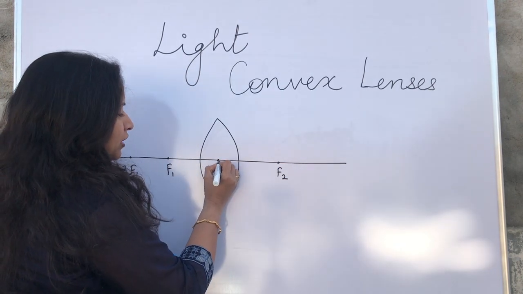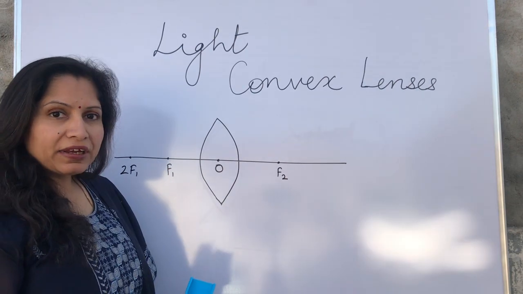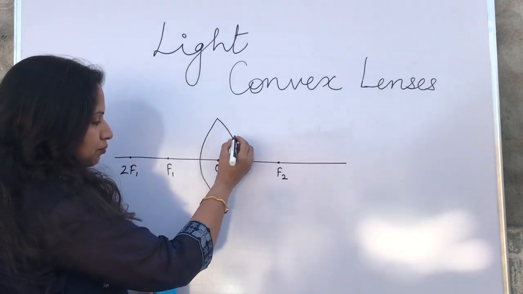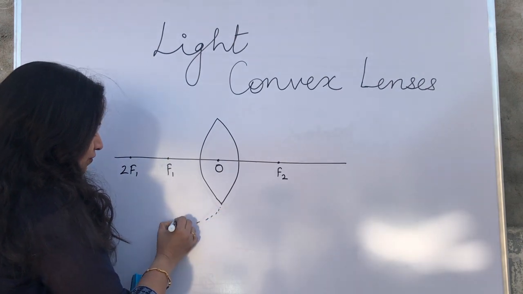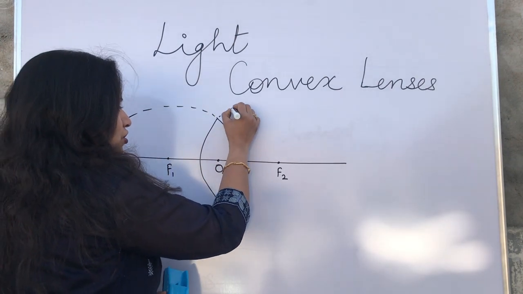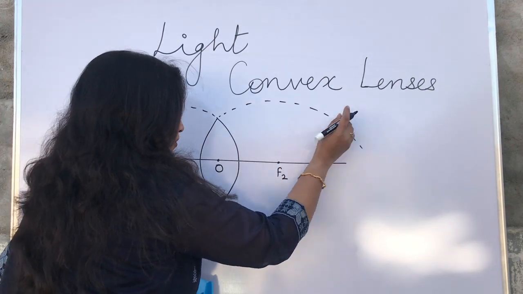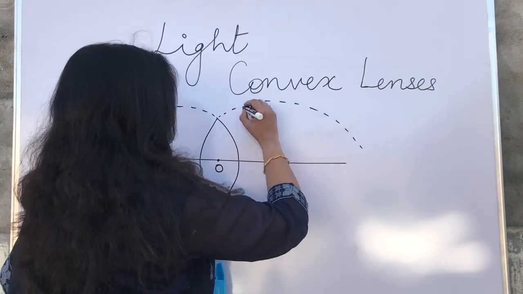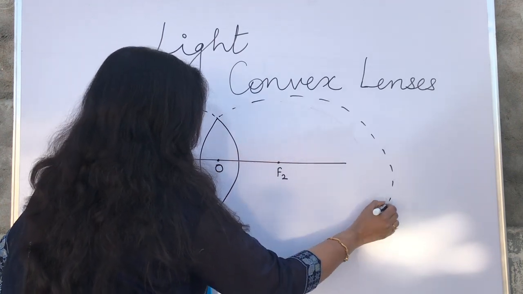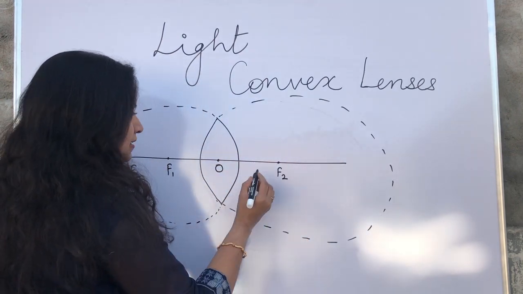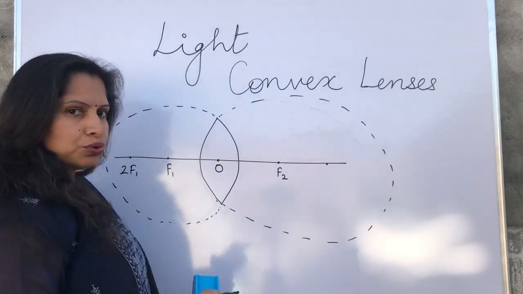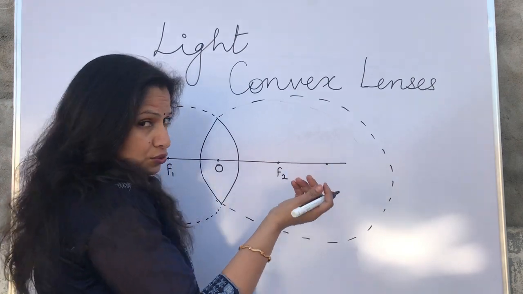The midpoint of the lens is known as the optical center. Now, if this lens is taken out from a spherical structure, that spherical structure should have a center, and that center is known as the center of curvature.